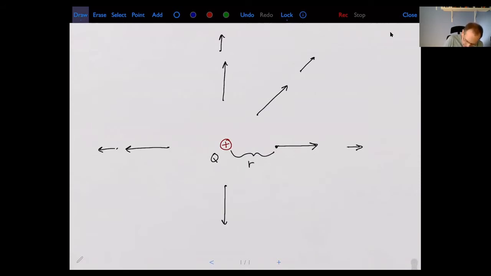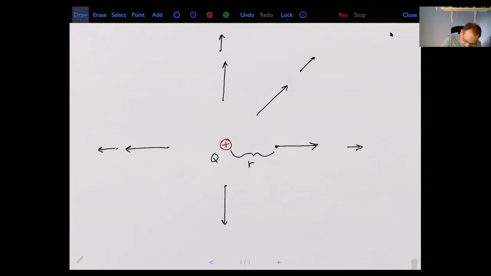I'll call that R. Then it turns out to find the magnitude of the electric field, we already know the direction, right? The direction is going to be radial, so it'll be away from the positive charge or towards a negative charge. But to find the magnitude, like the length of those vectors, those electric field vectors, then you want to use the following formula.